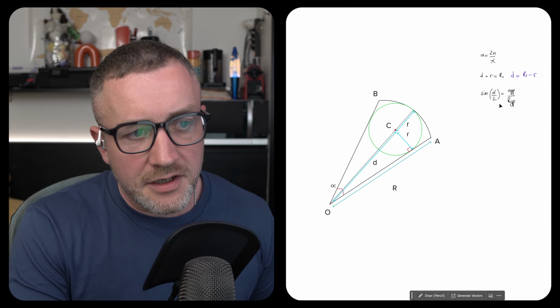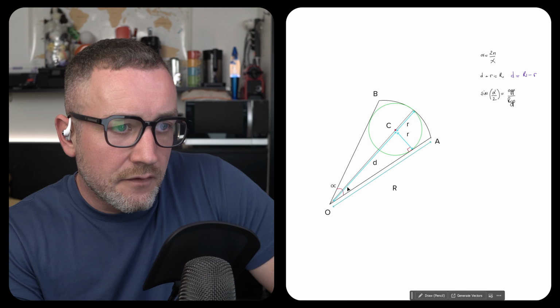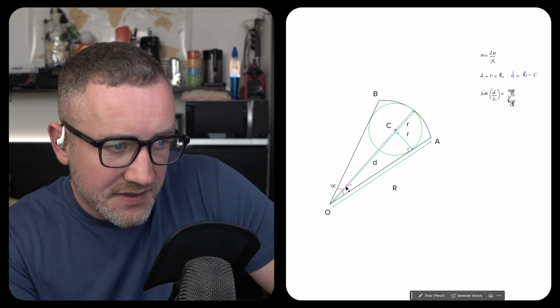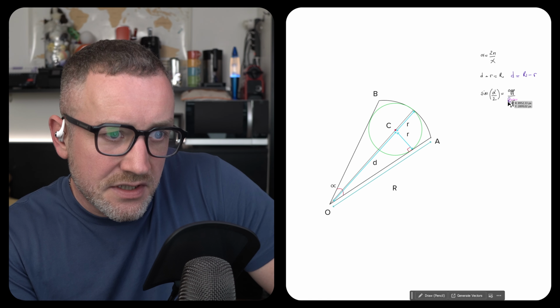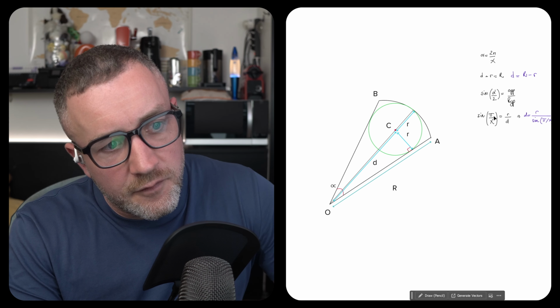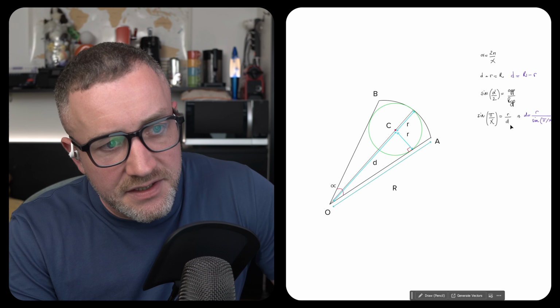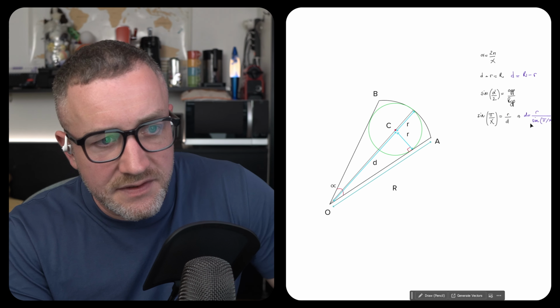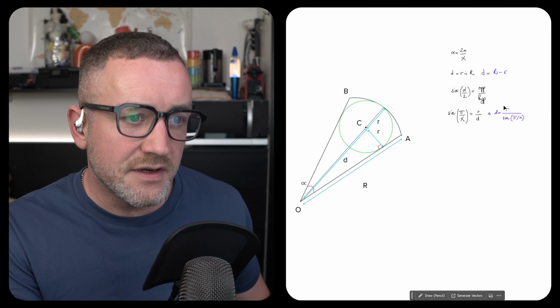From the trigonometric definition of sine, we know that sine of alpha divided by 2, this angle, equals the opposite side over the hypotenuse. It means that sine of π divided by x equals r divided by D. So D equals r divided by sine of π divided by x.